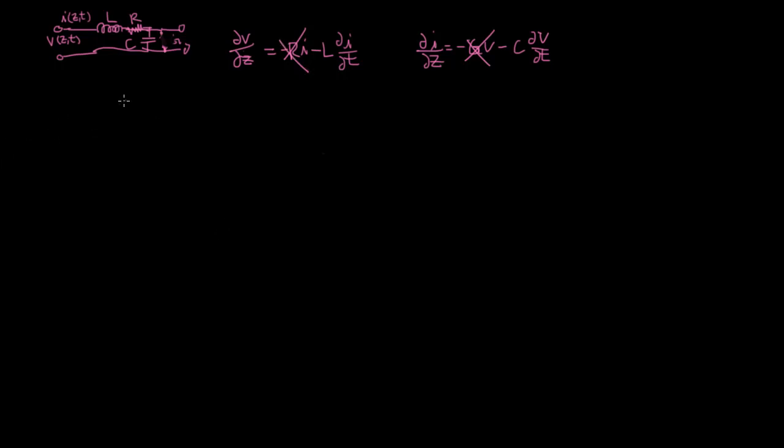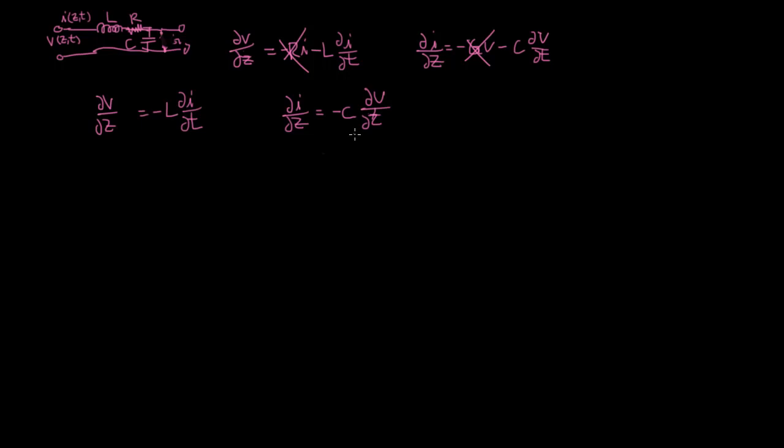And so that now gives us dV/dz is going to be equal to minus L di/dt. And also we now have di/dz is going to be equal to minus C dV/dt.